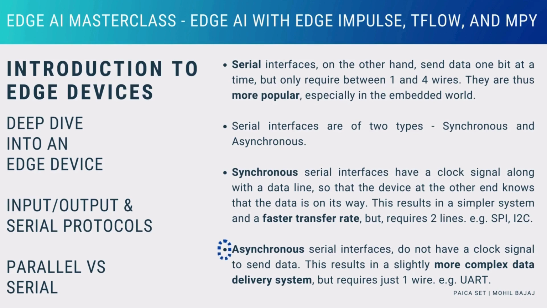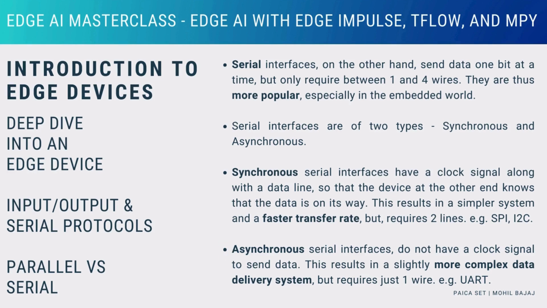In contrast, asynchronous serial communication doesn't require a clock signal. Devices agree on data rate and format beforehand, but are free to send data in chunks separated by stop and start bits. While this reduces complexity, asynchronous transmission is typically slower and less efficient than its synchronous counterpart.